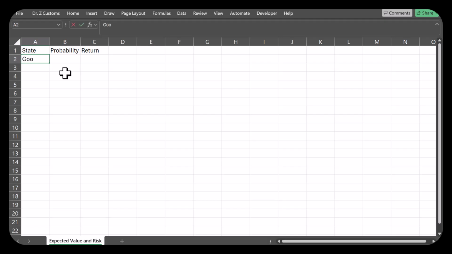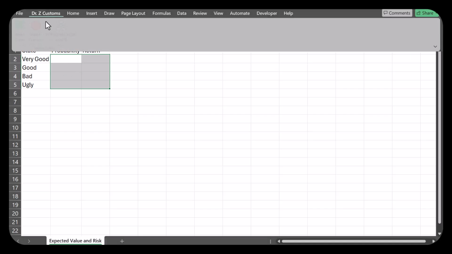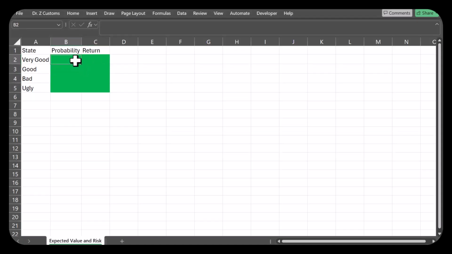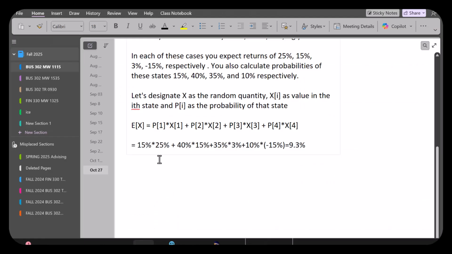In this case, I have very good, good, bad, ugly. Probabilities are, these are my inputs. Make sure I remember that correctly.